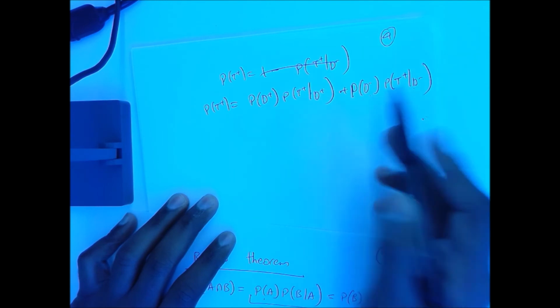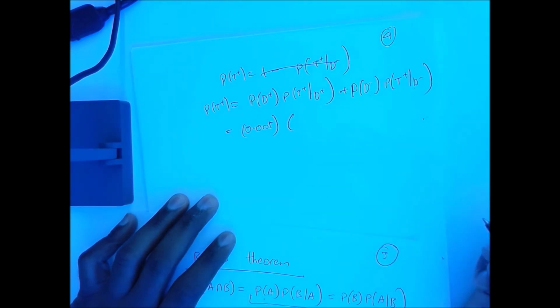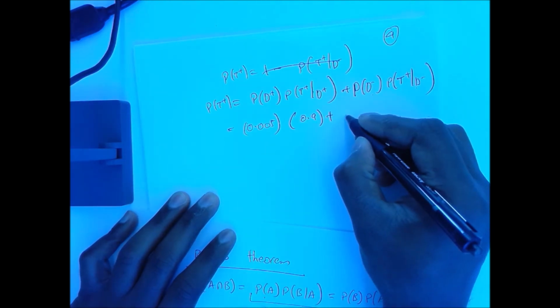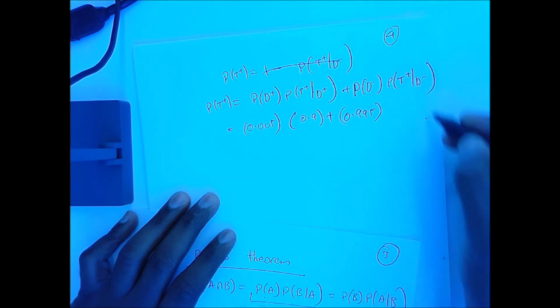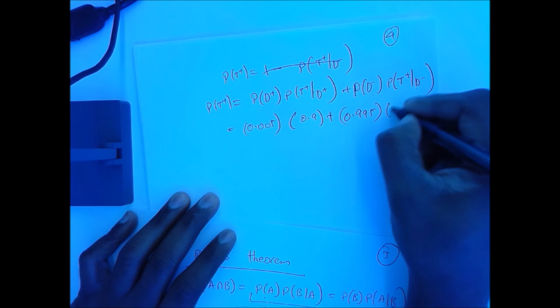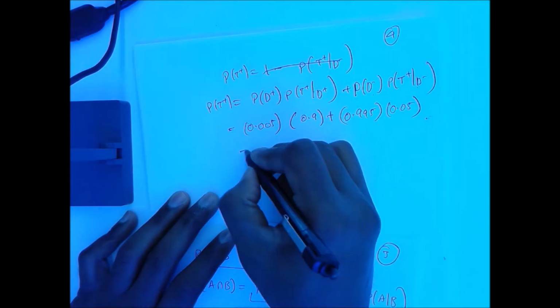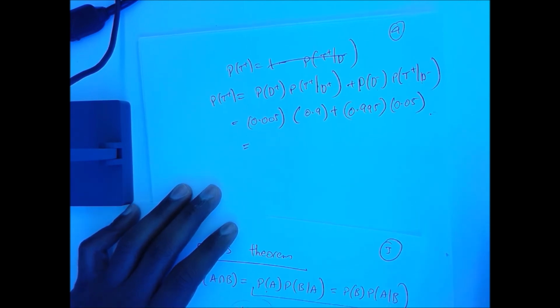So this will be 0.005 times the probability of T plus given D plus, which is 0.9, plus the probability of D minus, which is 0.995, times the probability of T plus given D minus, which is 0.05. Everybody with me? How much will this come out to be?